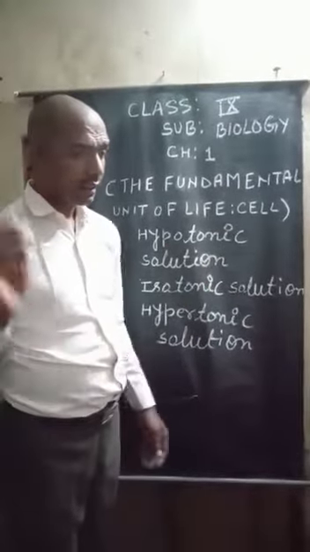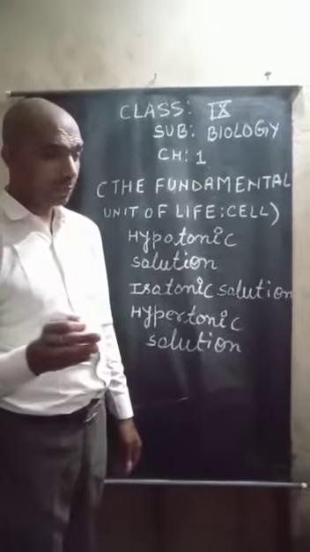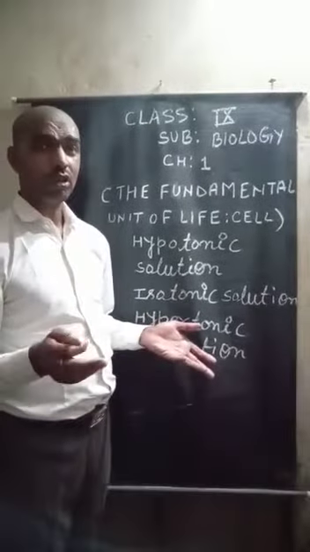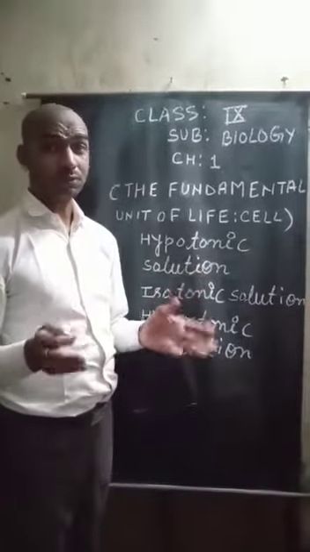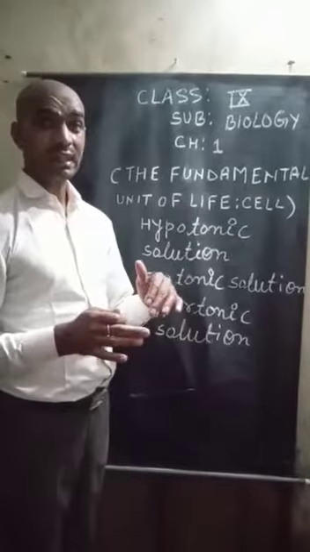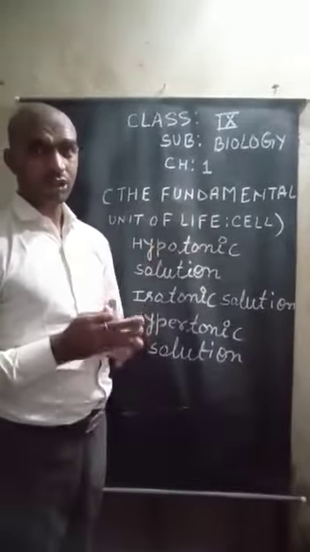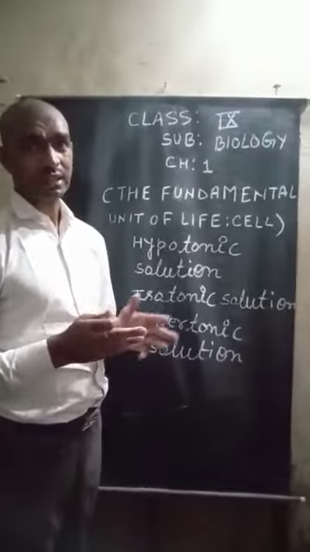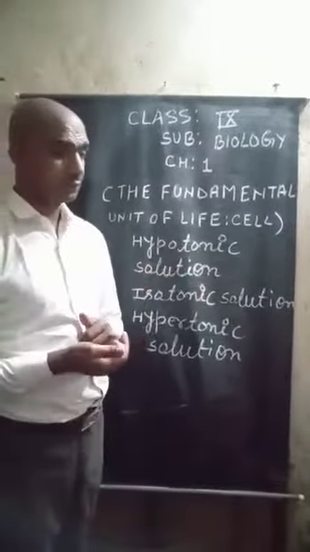Then there will be no net movement of water across the cell membrane, and this solution is called isotonic solution. That means isotonic solution is a type of solution in which the inside of the cell and the outside of the cell have equal concentration of water molecules. This is called isotonic solution.